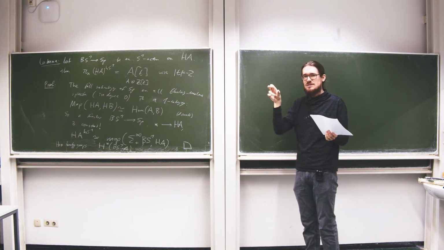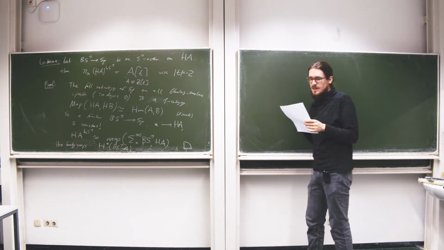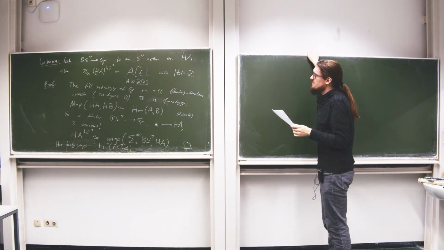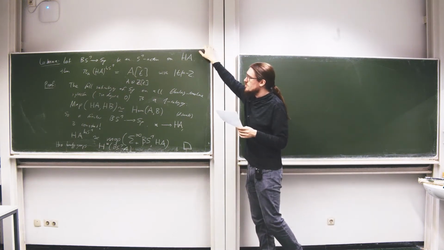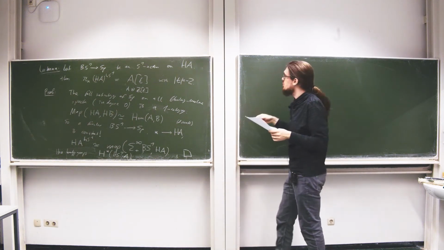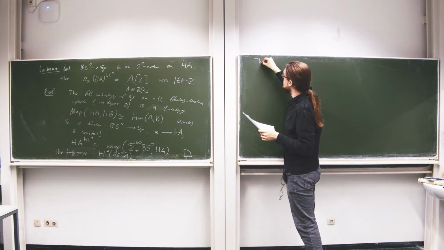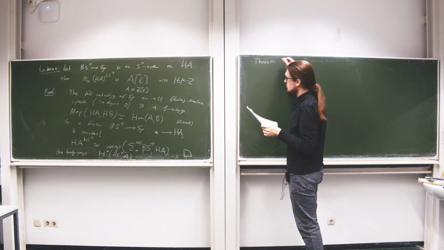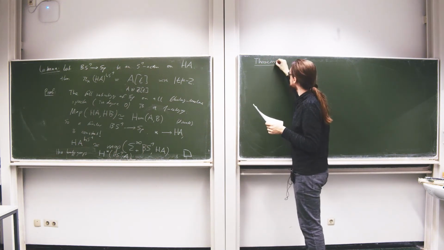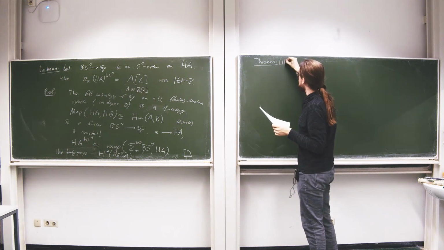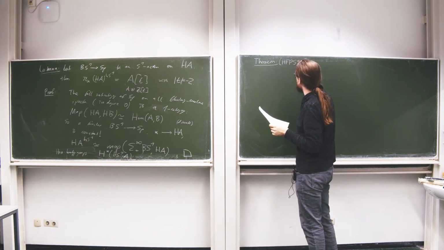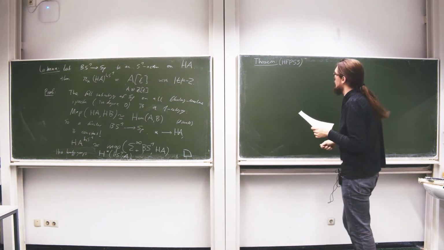You lose how these Eilenberg-MacLane spectra were glued together. And the effect of this on homotopy fixed points is captured in a spectral sequence, the homotopy fixed point spectral sequence. So this is the homotopy fixed point spectral sequence.